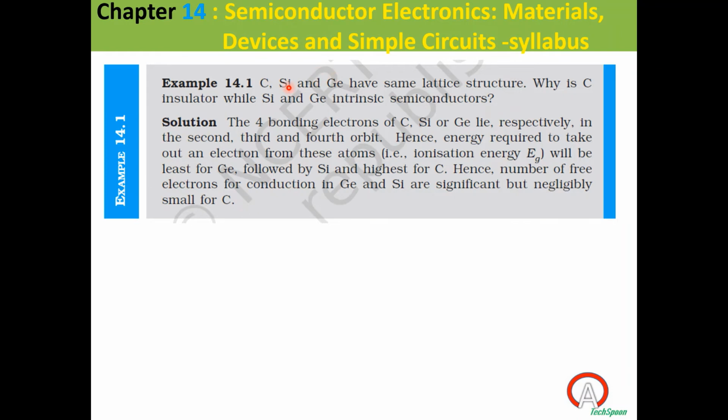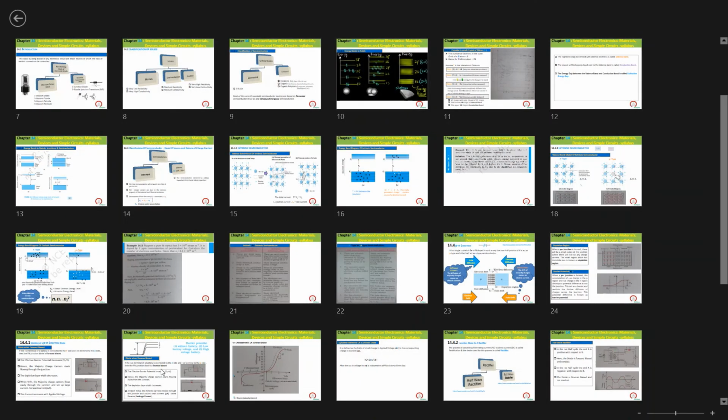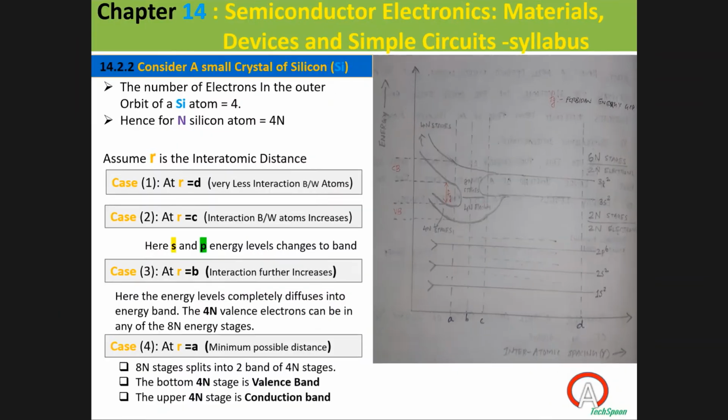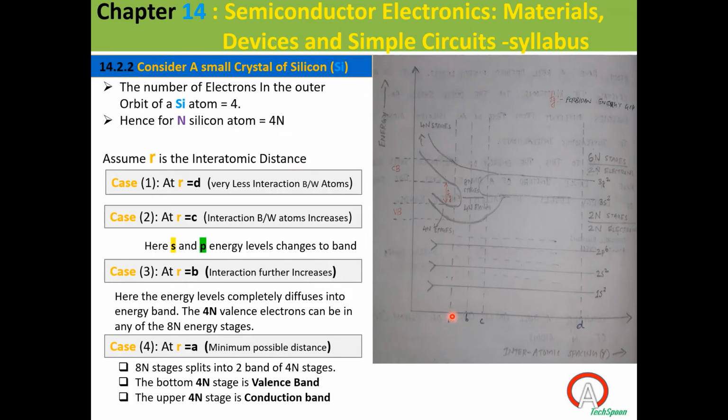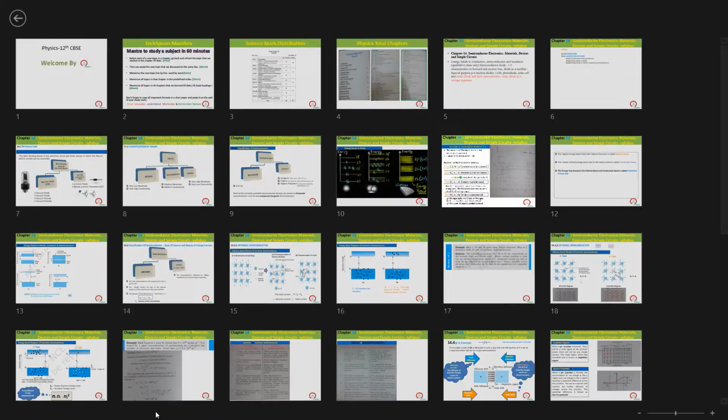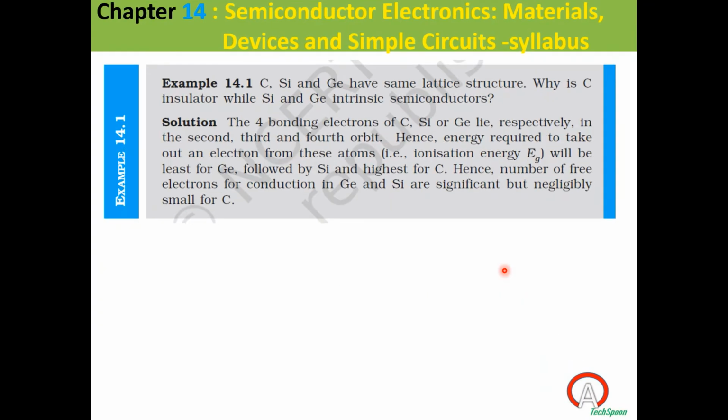What is lattice distance? This distance a is the minimum distance; after that, we cannot reduce the distance between the atoms. That is lattice distance. So carbon, silicon, and germanium all have the same lattice distance.